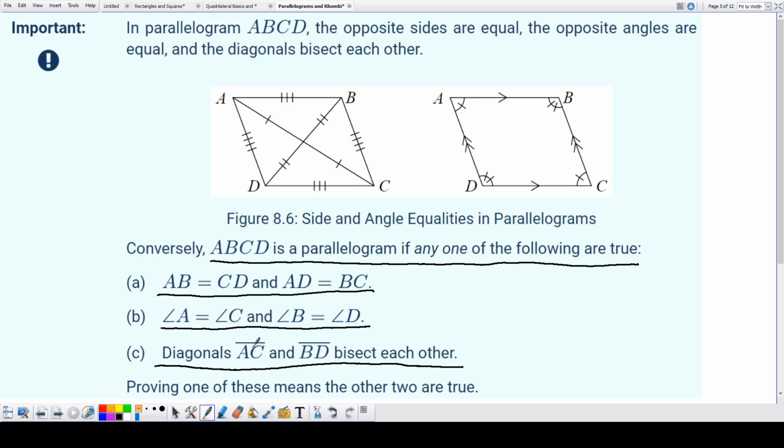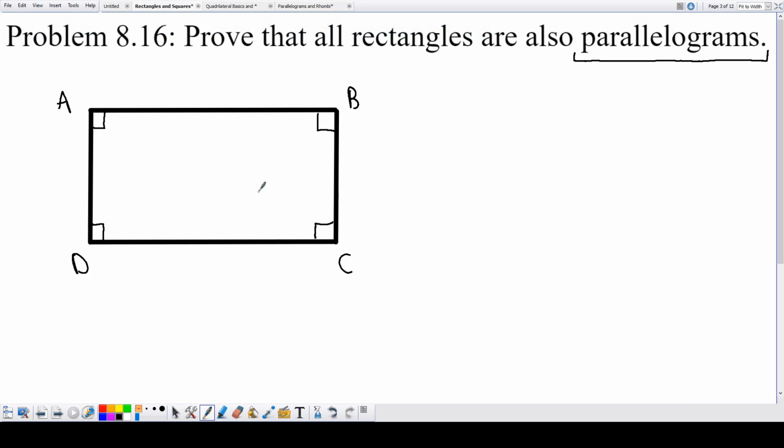Well, let's take a look. There should be something very obvious pointing out to us right now, which is part B. If angle A is equal to angle C, so the angle A is equal to the one across on the opposite side of it, and the angle B is equal to the angle on the opposite side, D. But by definition, we know that all the angles of a rectangle are the same.